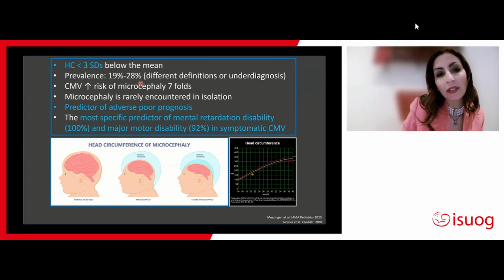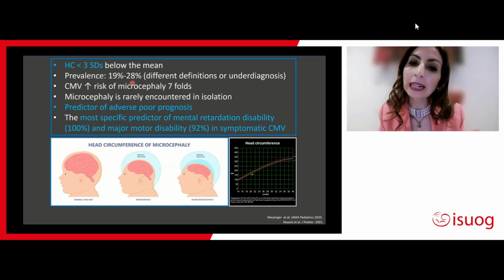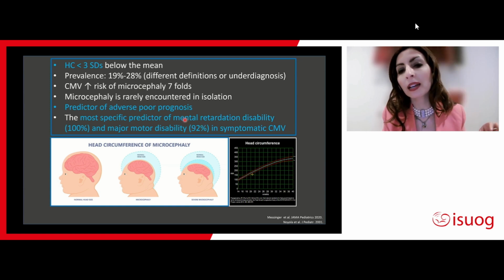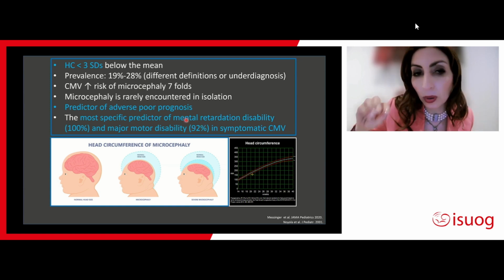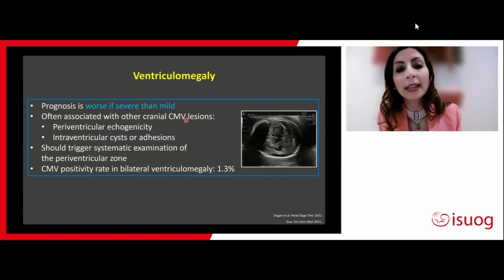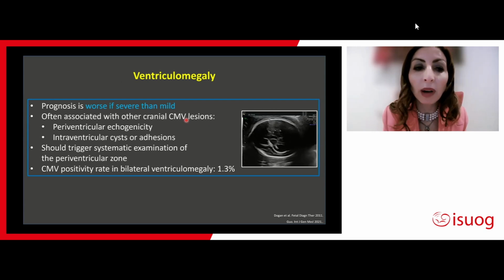Certainly, if you have microcephaly, it is a strong predictor of adverse, poor prognosis, particularly of motor disability. It's about 92% if the baby is symptomatic, and for mental retardation, it's about 100%. So it's quite a specific predictor. What about if you have ventriculomegaly? As I mentioned, of course, severe ventriculomegaly is worse than mild ventriculomegaly.